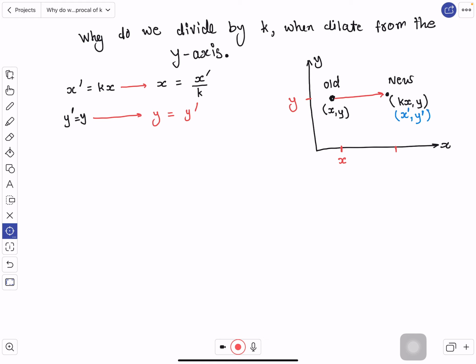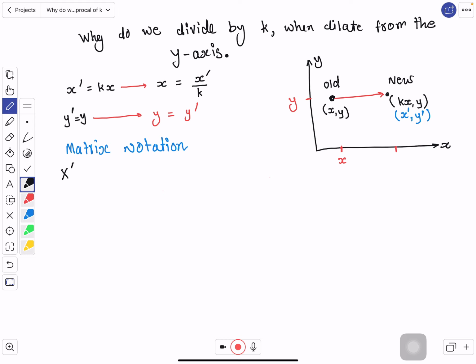All right, so let me show you these in matrix notation. So x dash equals T times x.